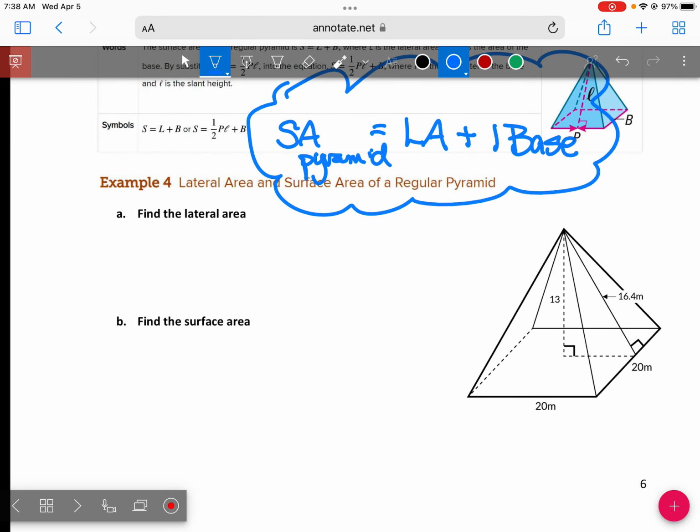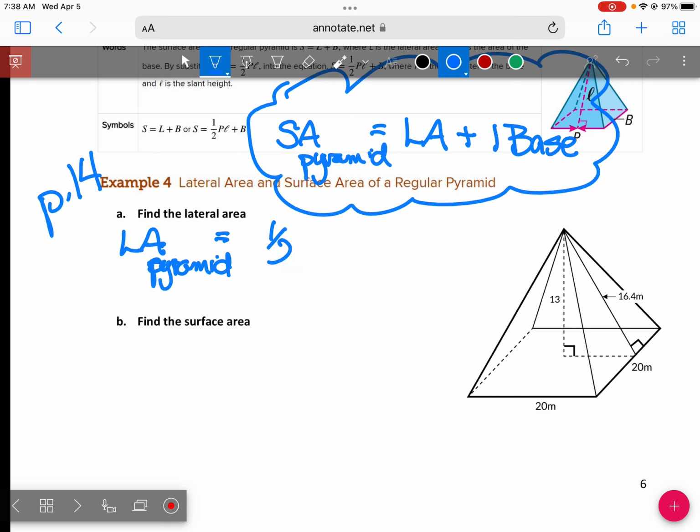All right, so let's find the lateral area. This is example 4. So the lateral area of a pyramid, my pages are slightly off from yours, so maybe it's up at the top of page 14. If you look at the sides, it's a triangle.